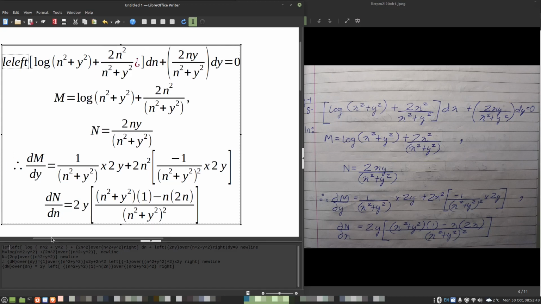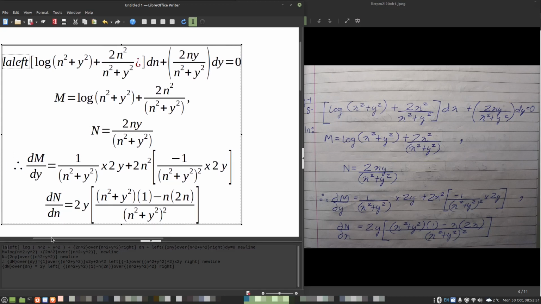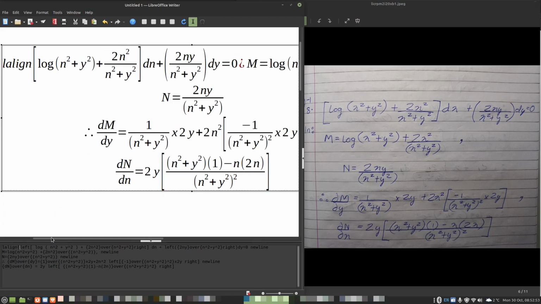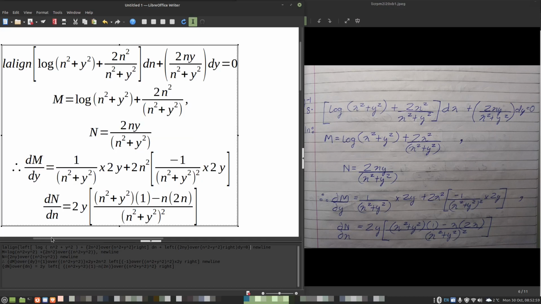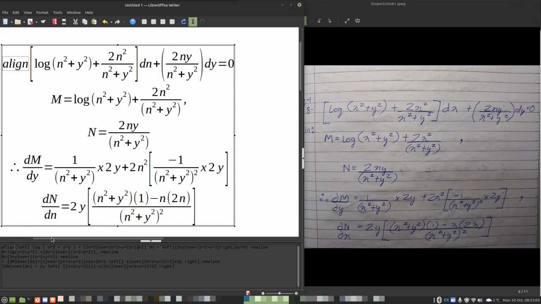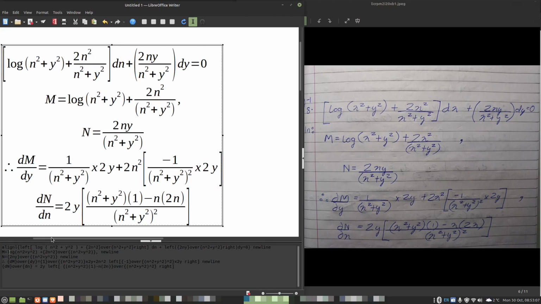If I type in, I think it's L align, and then I put that. No, it must be a align. Oh, let's take a look here. Again, it's been a while. Align L. Yeah. Okay, so I'll do that here.